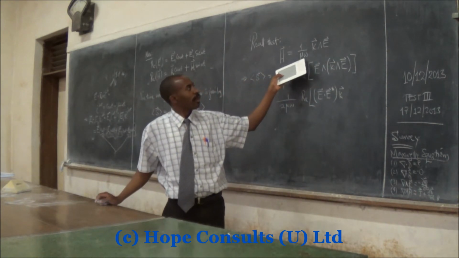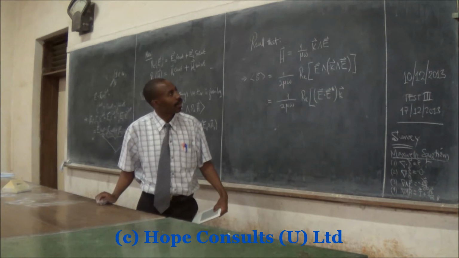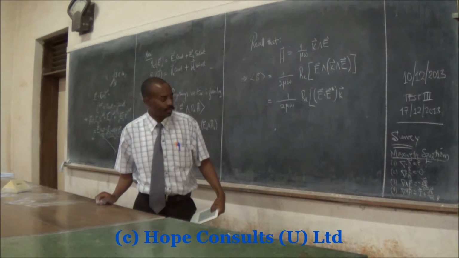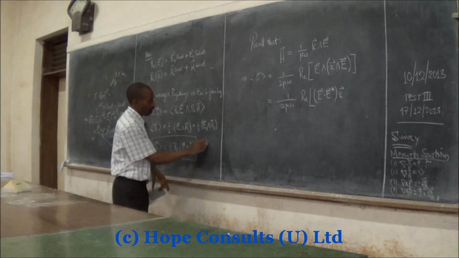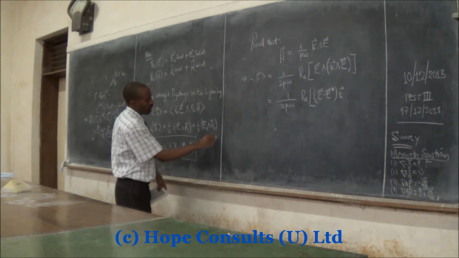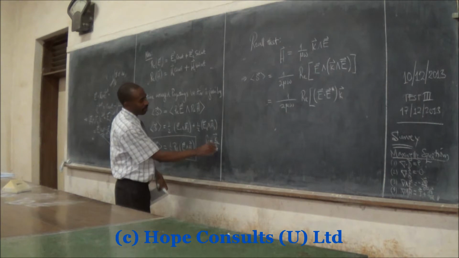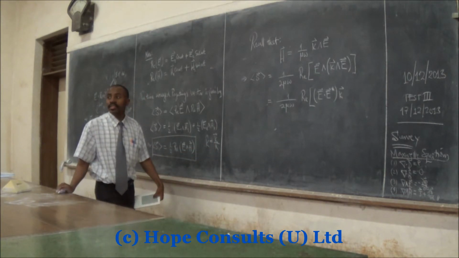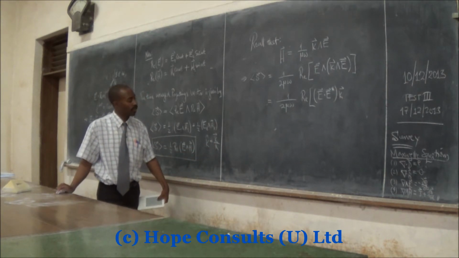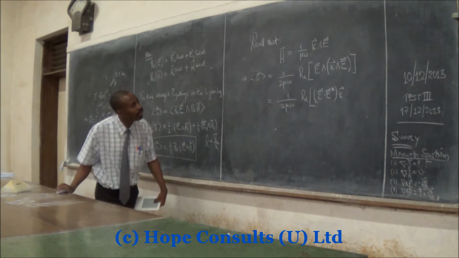Remember the omega came in when we replaced the wave number, because K hat was equal to K vector over K, and then we came up with K is equal to omega over what? Omega over.